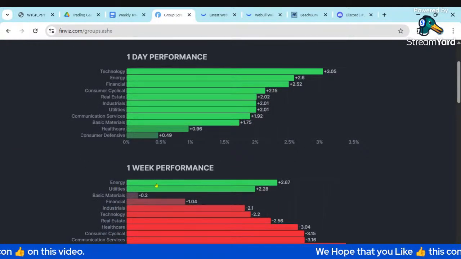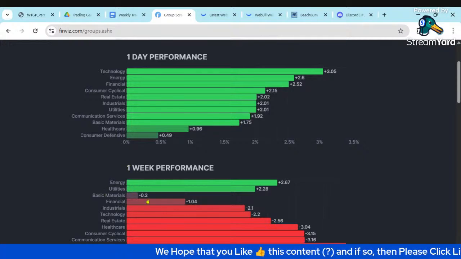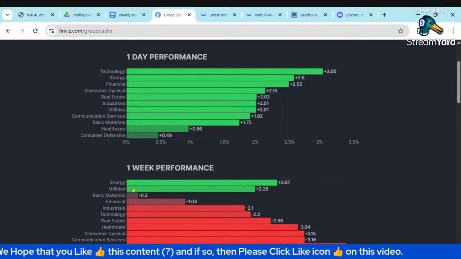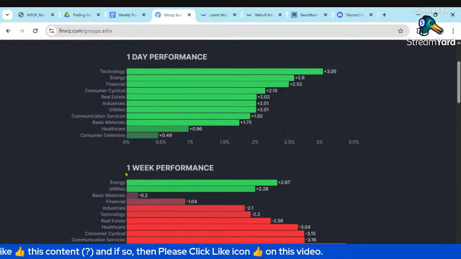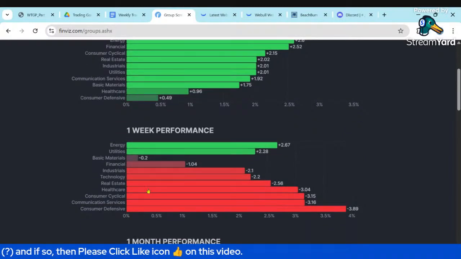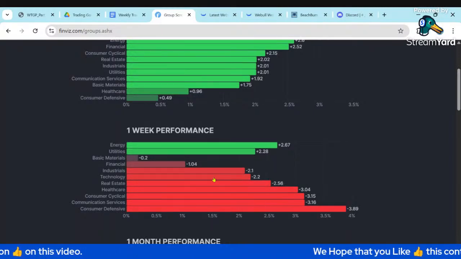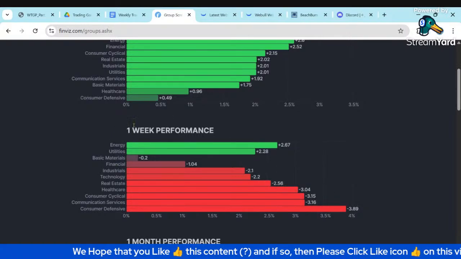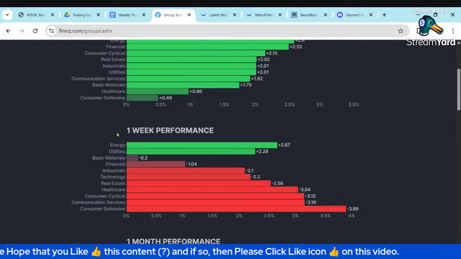A lot of talk about recession and people are fleeing to what they view as recession-proof sectors. So we see energy, utilities, basic materials, and financials the strongest. But again, very risk off. Communication services, healthcare, technology, real estate, all down. Also defensives down. So more of a recession-proof bent for the week.